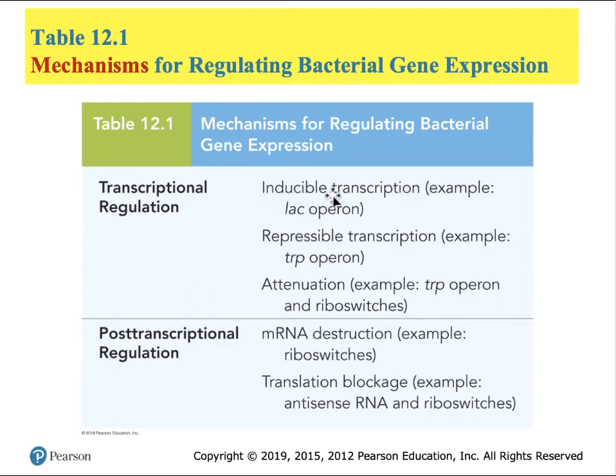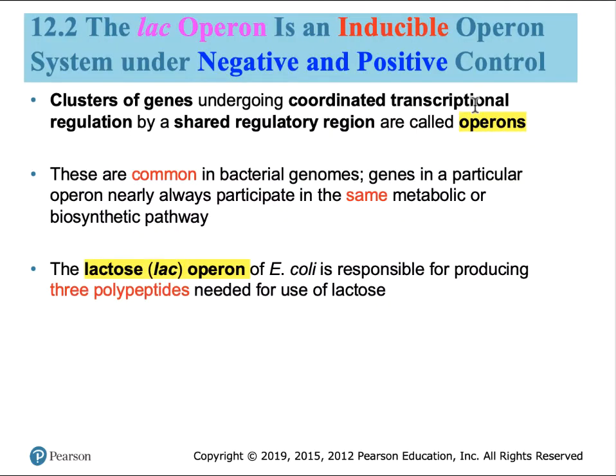So the operon is normally off and only turned on when lactose needs to be metabolized. It's an energy-saving protocol. This operon is under both negative and positive control with regard to proteins binding or being removed from its regulatory region.